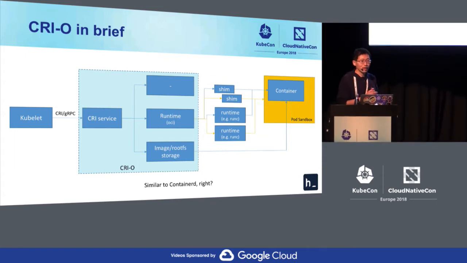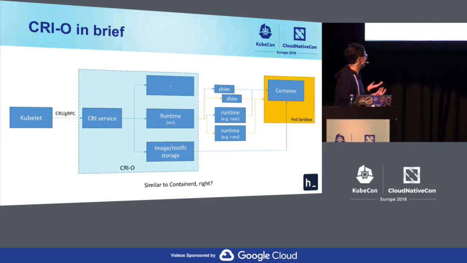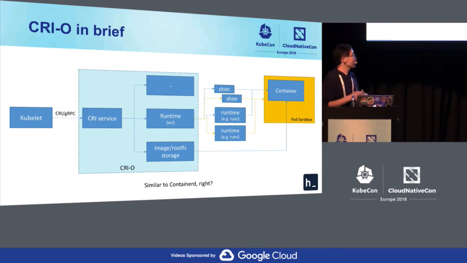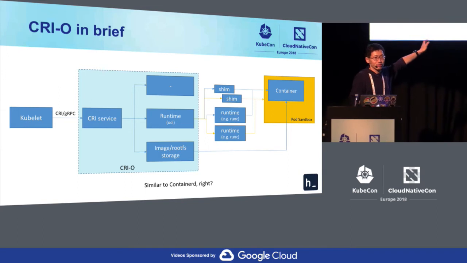Also, I will introduce how CRI-O implements this. You can see they're very similar, right? When the CRI interface was defined, the community tried to implement a daemon that only uses runC to create containers, and doesn't need to depend on the Docker daemon.